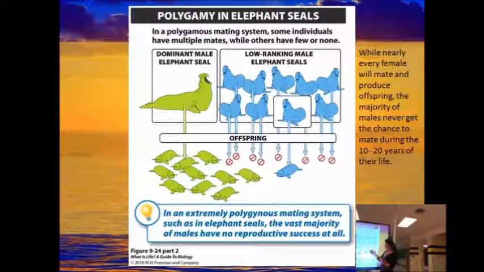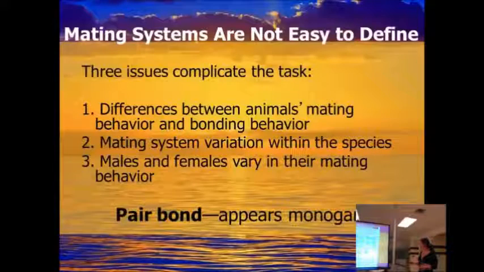Almost all of his genetic information is going to be passed along to almost all of the offspring. And this pack of blue guys here are going to have very few, if ever, have one at all. In an extremely polygynous mating system, such as elephant seals, the vast majority of males have no reproductive success at all. Part of the caption that went along with it is that these guys can live 10 to 20 years and they never get to have any mating. That seems like kind of a sad life if you're an elephant seal. It's good for the green guy, but it's not good for the blue guys here.